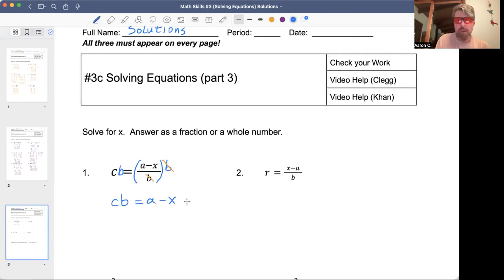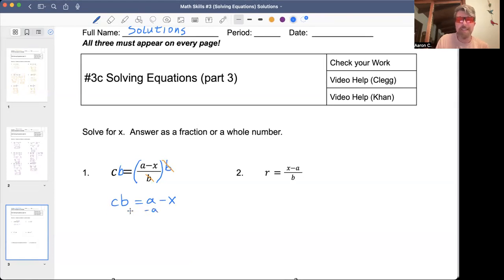All right, good. So now we have a minus x. Now we're not going to multiply or anything like that because these are two different terms, and it's a minus x. In order to undo a minus, I'm going to add x to both sides. Actually, instead of doing that, that's going to make me have 2 more steps to do. You could do that. I'm going to do it a little bit quicker than that, though. I'm going to subtract a off both sides.